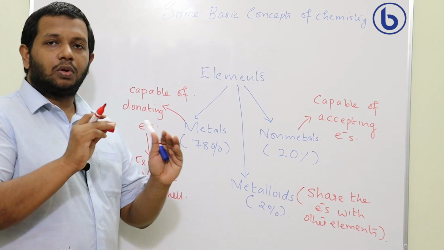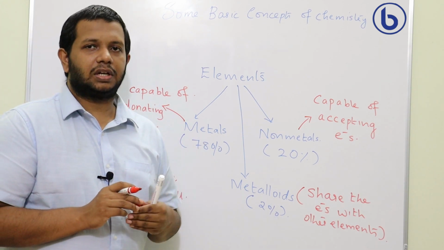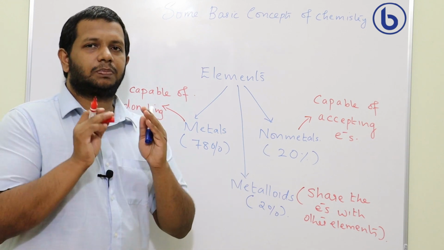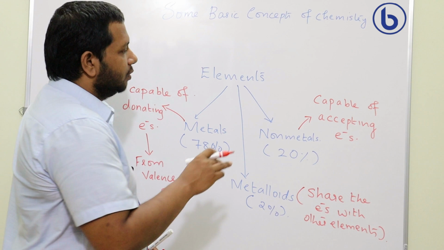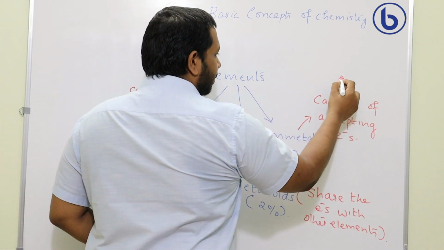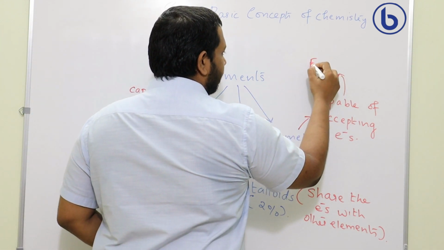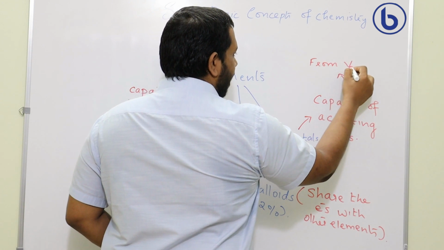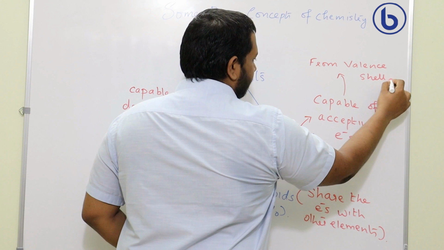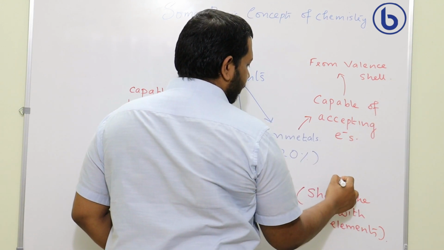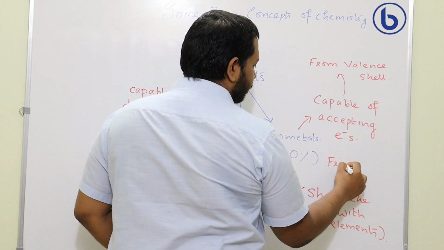Valence shell and those concepts I will be touching, but that will be coming more specifically under a chapter called atomic structure. So here also the same answer, valence shell. Here also the same thing, from valence shell.